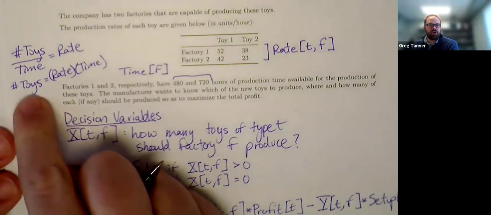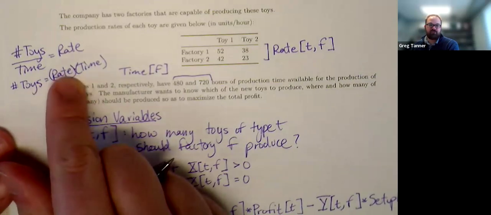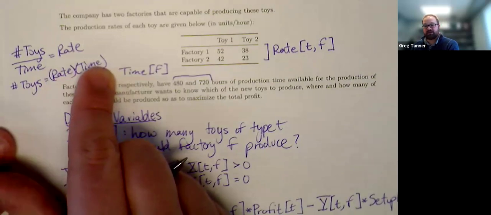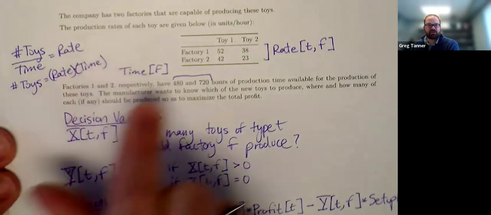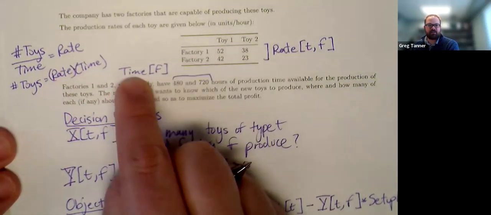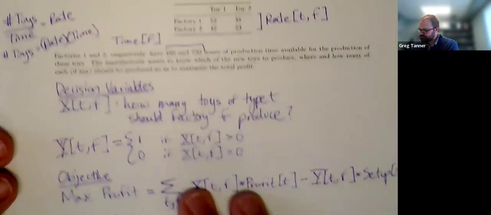Okay, and so the most toys you could make of any type at either factory is the rate for that toy at that factory times the amount of time available for that toy at that factory. Okay, and actually we have both those quantities here, and we've given them names, rate TF and time of F, and so those are going to be essentially the upper bounds on XTF. Okay.